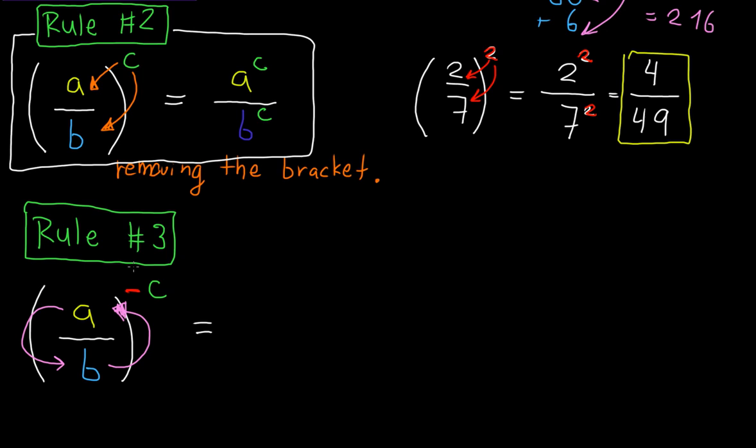Denominator and numerator. Okay. There we go, the numerator. They simply exchange. When they exchange places, we can remove the negative sign of the exponent. So B goes up, A goes down. The minus sign is gone, and we're left with C. Okay, so this is rule number 3.